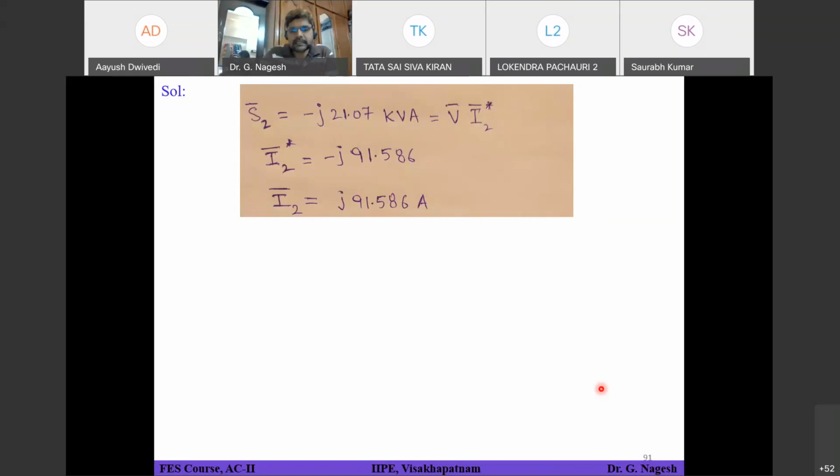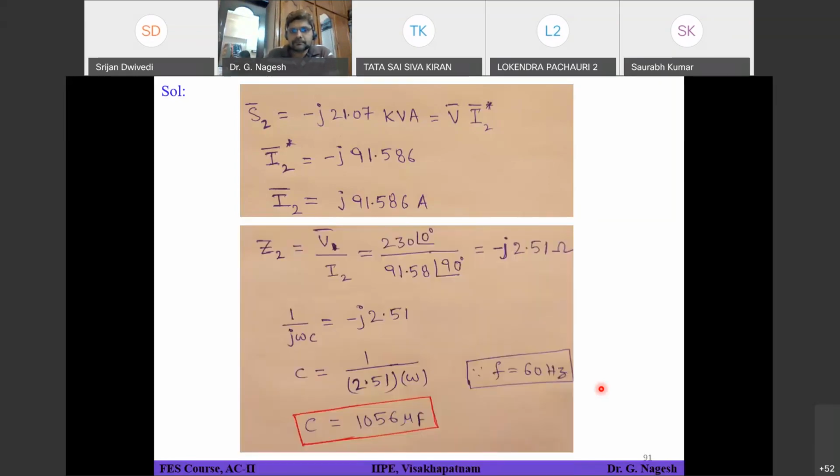You are saying the current value, or the capacitor value? Capacitor value, Z2, sir. Okay, capacitor value we'll see. Z2, how much? Sir, minus 2.527 j. So you are going to get Z2 as nothing but voltage divided by current, so minus j 2.51 ohms.